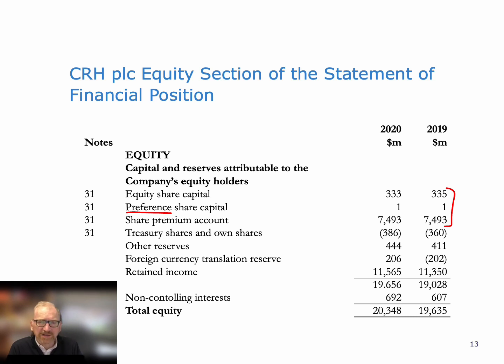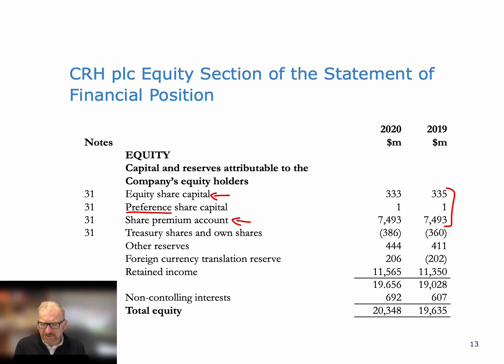When shares are issued, the nominal value goes into equity share capital, and any excess over the nominal value goes into the share premium account. If you add the two together, you get the total amount that shareholders have contributed to the company. I'm just going to ignore the treasury shares because they're a bit technical.